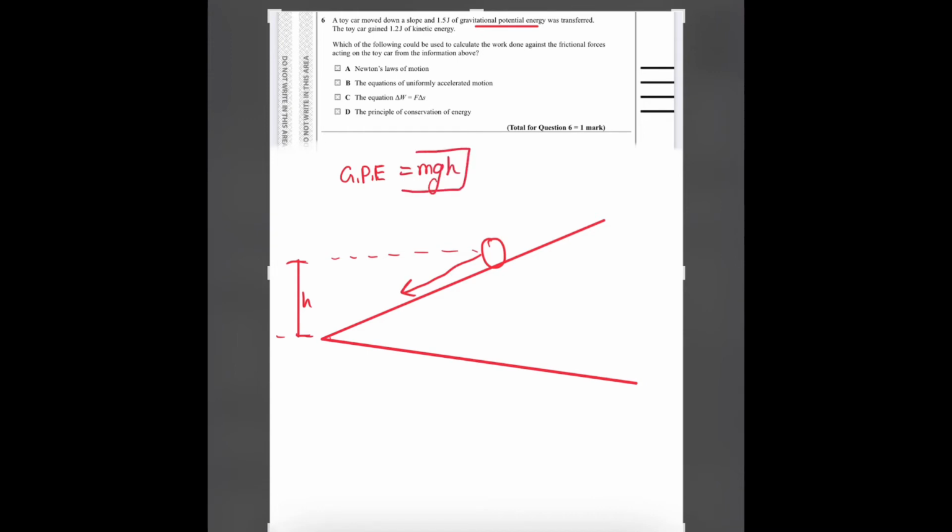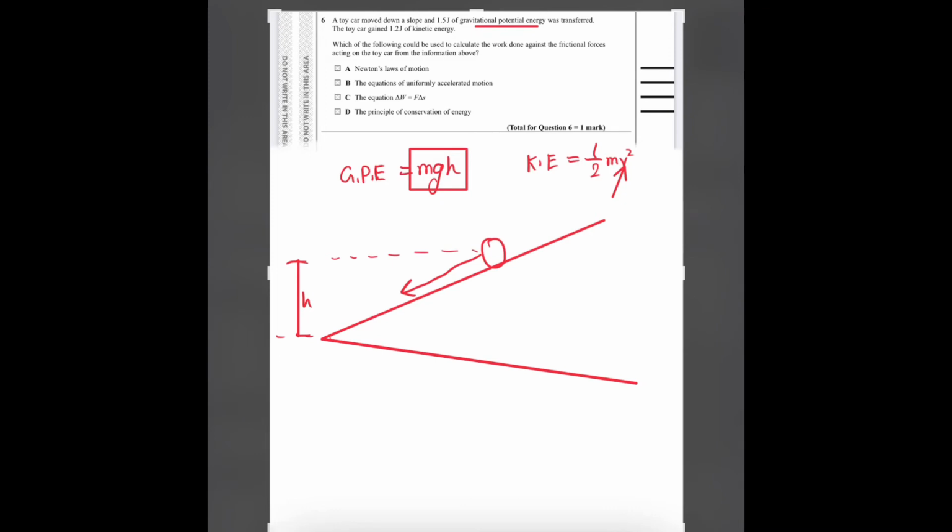So this mgh is being converted into motion. The motion means there is velocity, and since there is velocity, there is KE, kinetic energy, equals half mv squared. So the velocity would come from the gravitational potential energy.